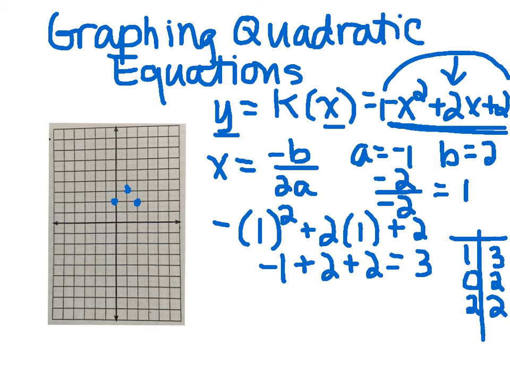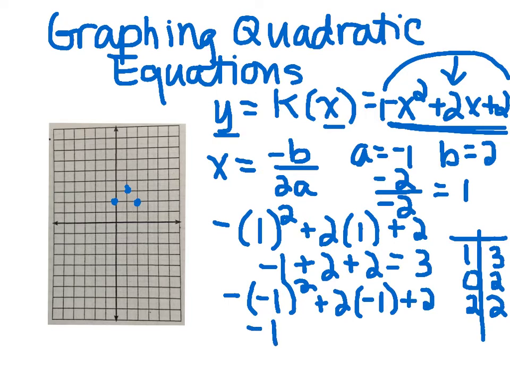So then let's think about what another good number might be. We've already got 1, we've got 0, we've got 2. Let's try negative 1. The opposite of negative 1 squared plus 2 times negative 1 plus 2 is negative 1 minus 2 plus 2.